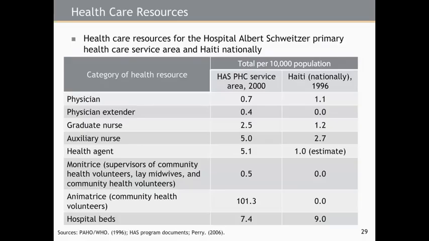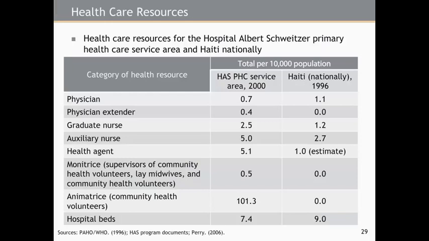As you can see in this table of the healthcare resources at the Hospital Albert Schweitzer compared to Haiti nationally, the number of physicians actually is less on a per capita basis in the Hospital Albert Schweitzer service area than it is for Haiti as a whole.